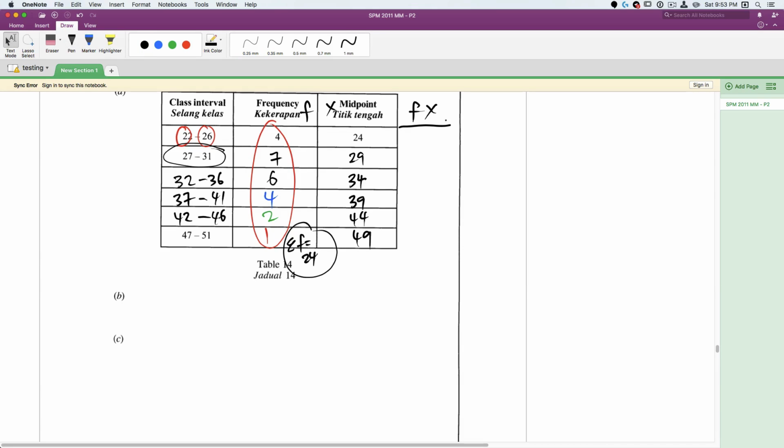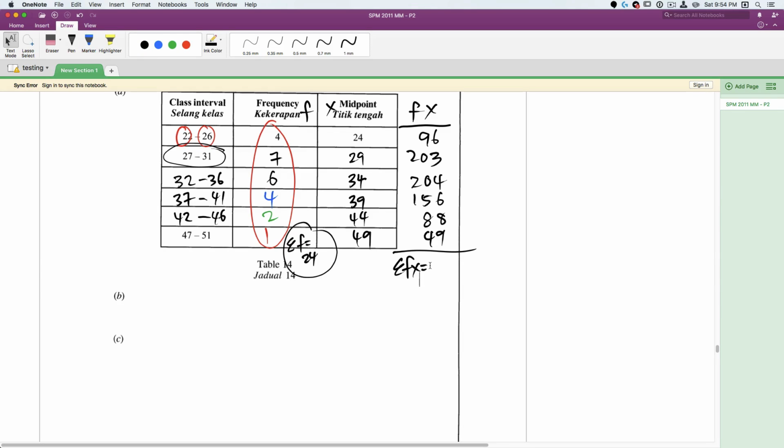Then you just multiply: 24 multiply 4, you get 96. And 29 you multiply 7, you get 203. And 34 you multiply with 6, you get 204. And 39 you multiply with 4, you get 156. And 44, this is 88, and this is 49. Then all the fx you add together means sum of fx.